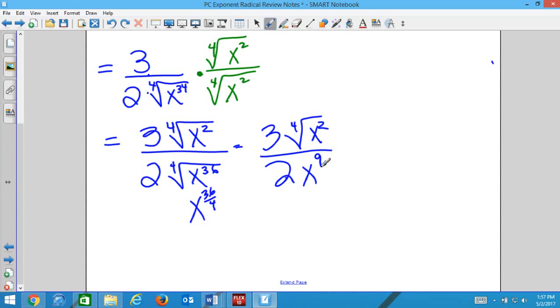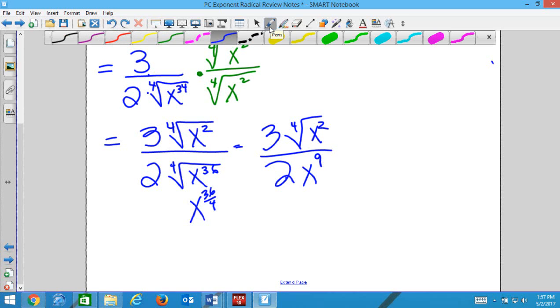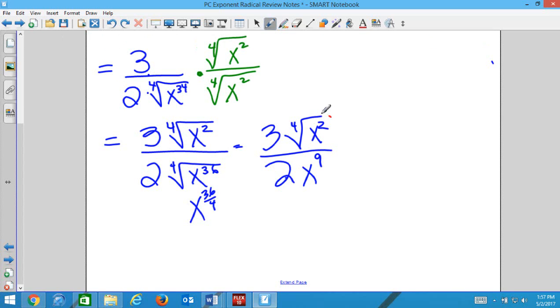Okay. There's one more tiny little thing that does come up in your assignment. There's one more tiny little thing we can still simplify. It's on top. The bottom's fine now. Something small on top we can do. If I rewrite this as exponential form, it becomes x to the what? 2/4.